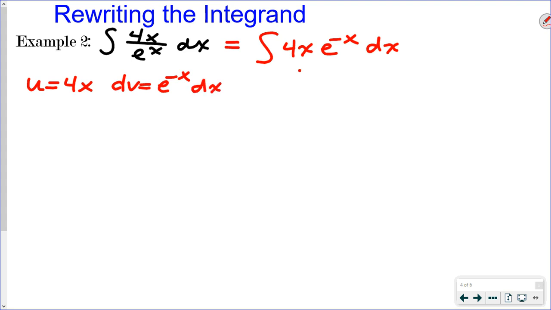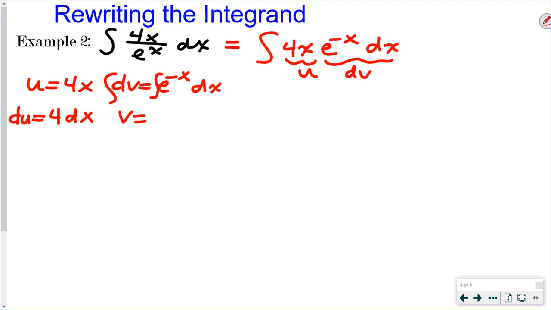Then you find the derivative of u, so du is going to equal 4 times dx. And then we're going to integrate dv so we can find v. If we integrate e to the negative x, that's going to be e to the negative x divided by negative 1, so we'll end up throwing a negative out front.